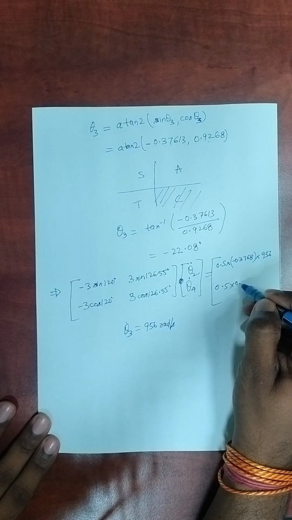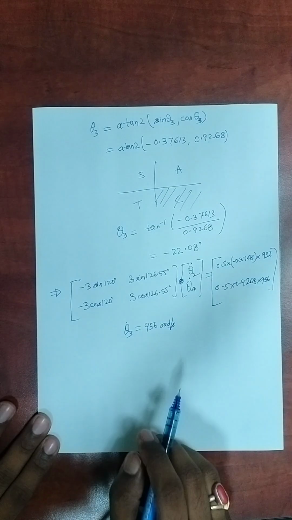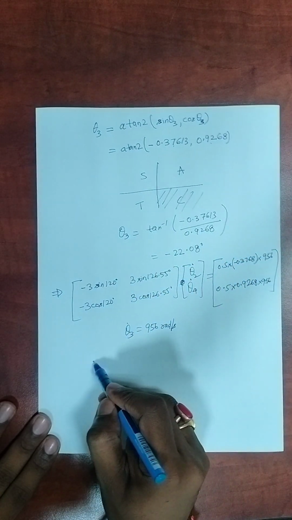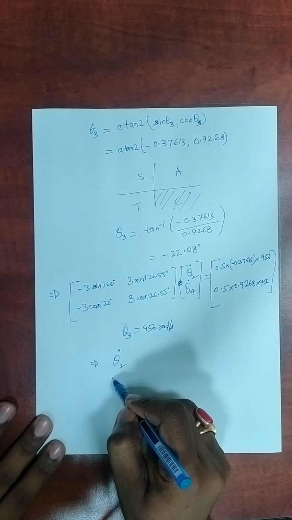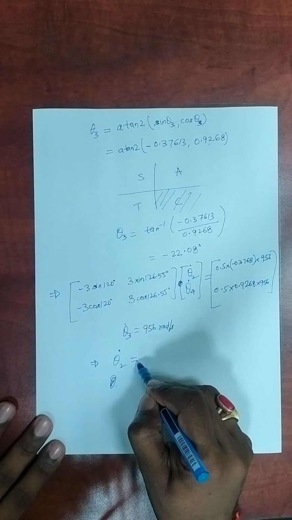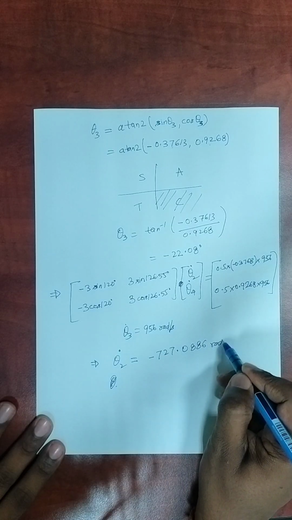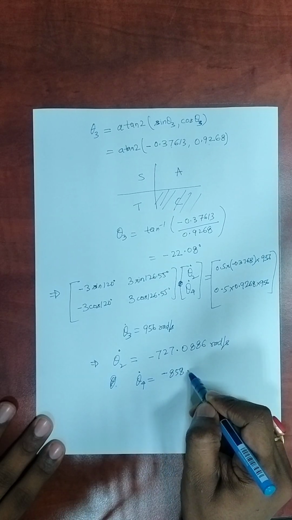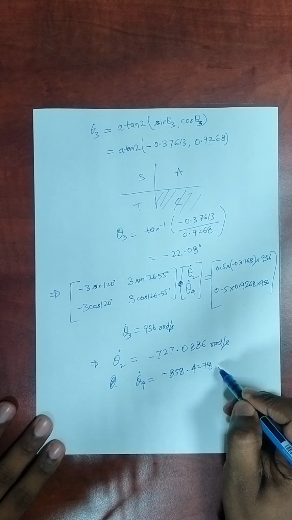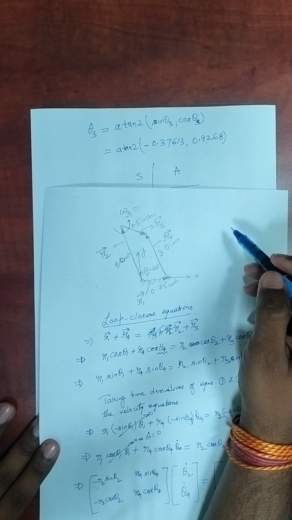Similarly here, 0.9268 into 956, and then you can enter these matrices in a calculator that is capable of doing matrix calculation, and what you get is theta 2 dot is equal to minus 727.0886 radian per second, and theta 4 dot is equal to minus 858.4278 radian per second.